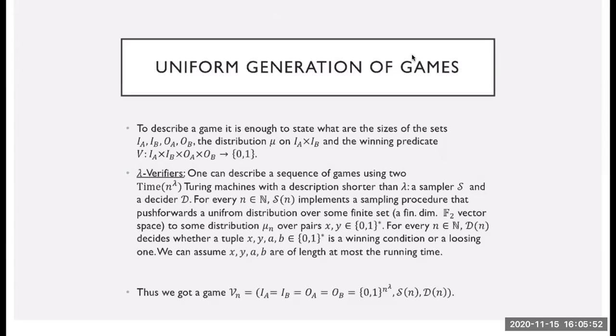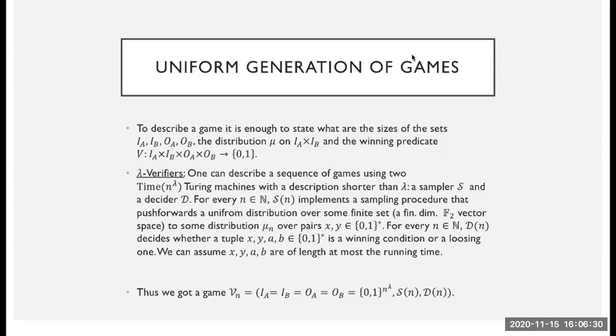And the point is that to generate the nth game, to run the nth game in this sequence takes at most n to the lambda time steps. The way we generate this kind of sequence is using 2 Turing machines. The first is called S, the sampler, and the other is D, the decider.